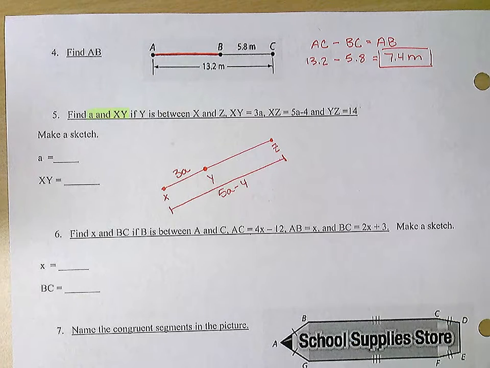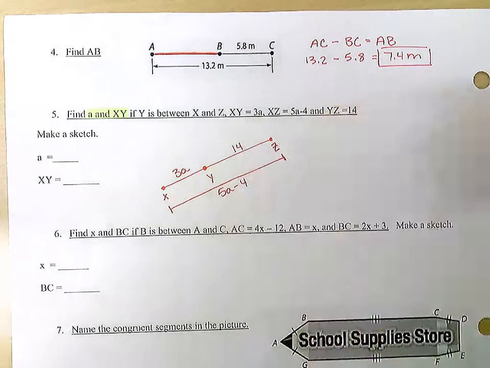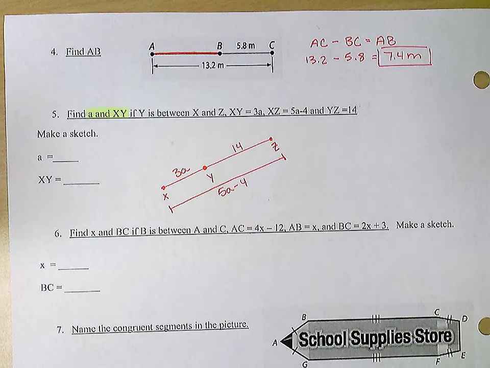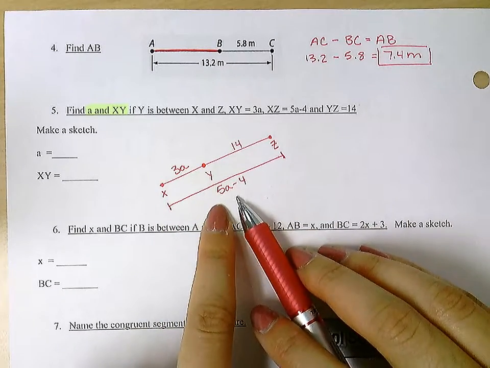Okay, then I'm also given that YZ is 14. So YZ is another smaller segment there, and I'll label that 14. So just like before on the front, we're using this segment addition. I can add together my two smaller segments to get my larger.